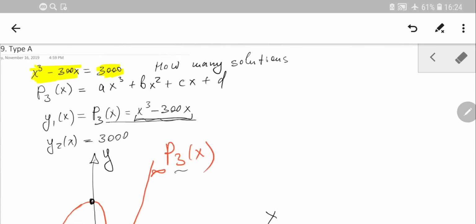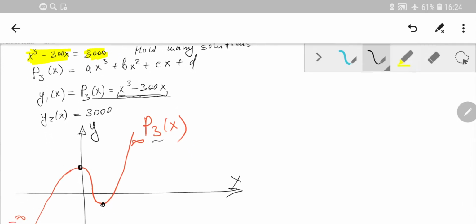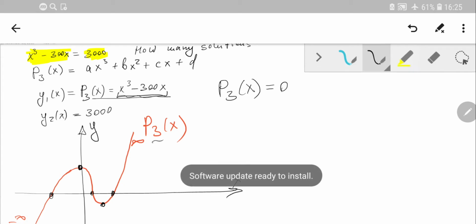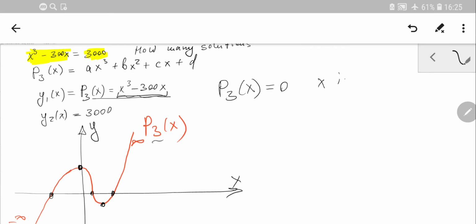x cubed minus 300x. So we actually want to establish the points of x-intercept. Because we've got the equation P3(x) equals x cubed minus 300x, we can equate it to 0 to find zeros of the function, right? So we're basically saying that we want to determine x0, the x-intercepts.